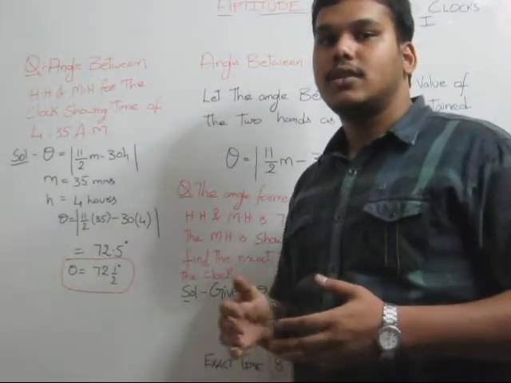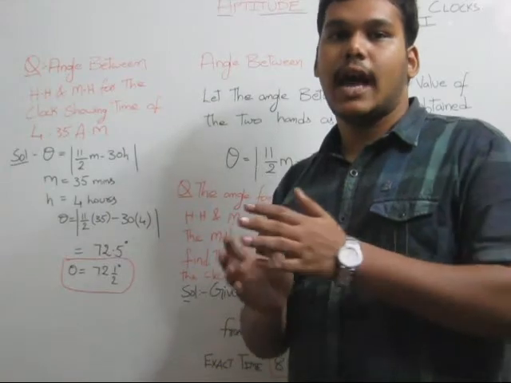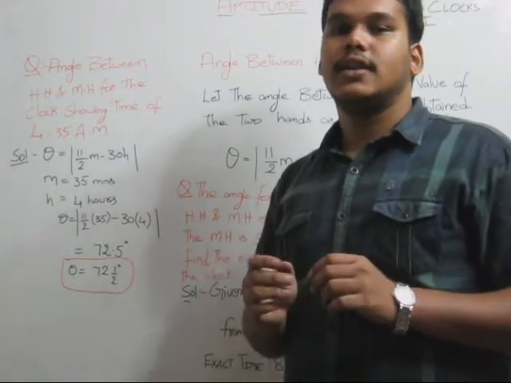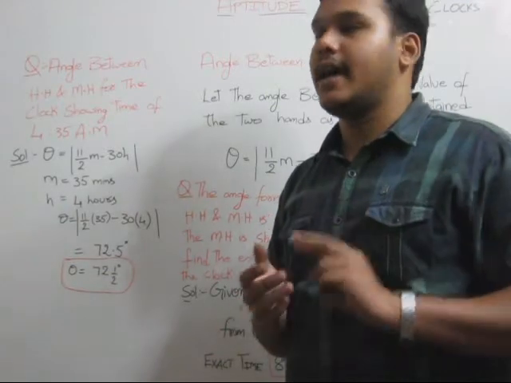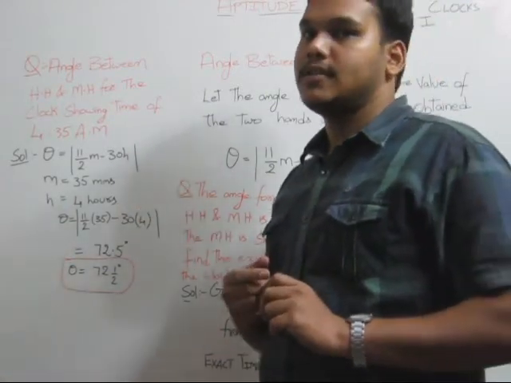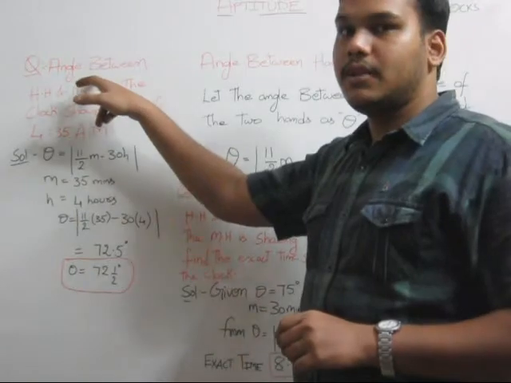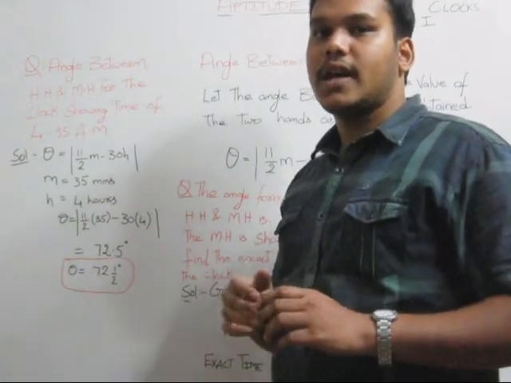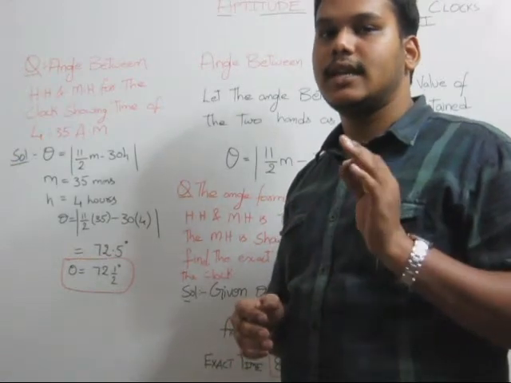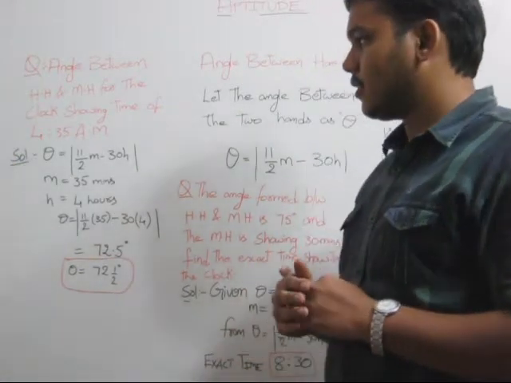As we have learned the formula for finding the angle between the two hands in a clock, that is, the angle between the hour hand and the minute hand, the problem would be like this. Find the angle between the hour hand and the minute hand for the clock showing the time of 4 hours and 35 minutes.